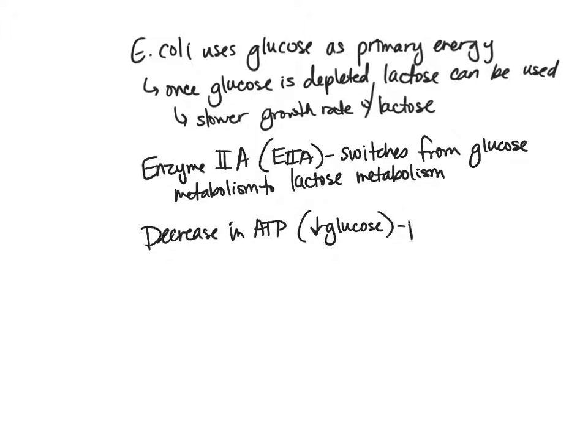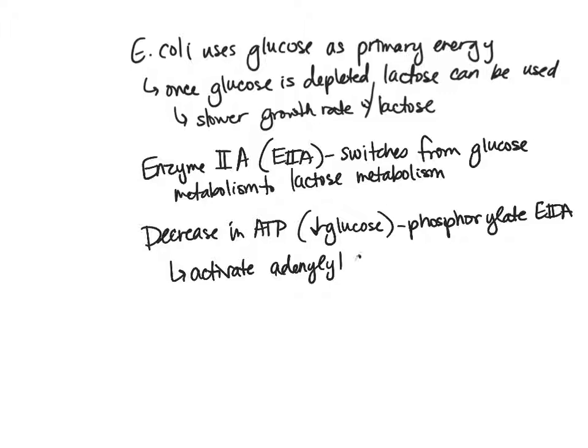What's going to happen is this is going to phosphorylate the E2A. So that enzyme is going to become phosphorylated. So we're going to add a phosphate group to E2A. That phosphorylation of the E2A is going to activate Adenylyl Cyclase.